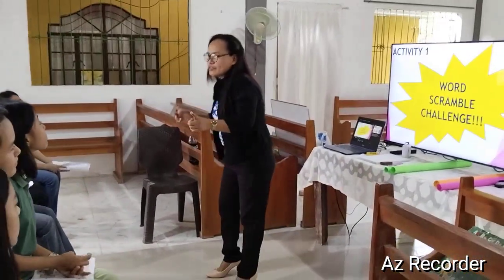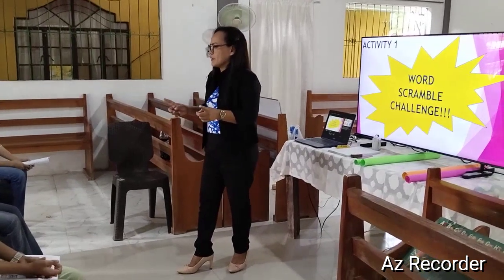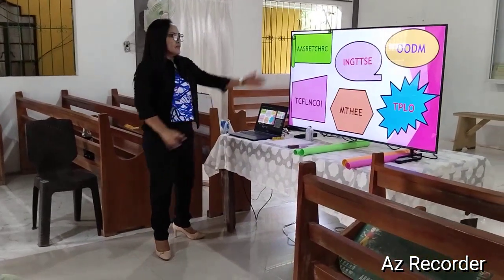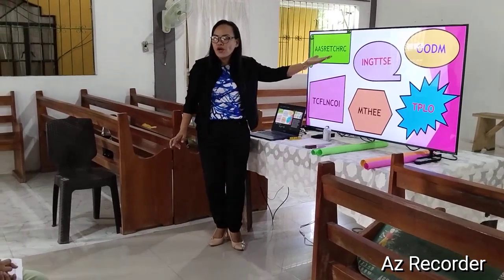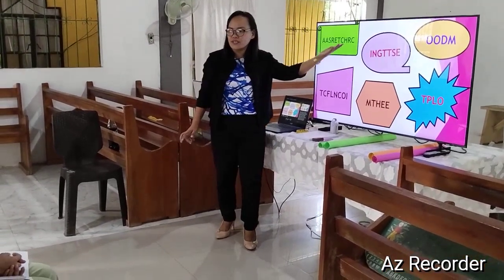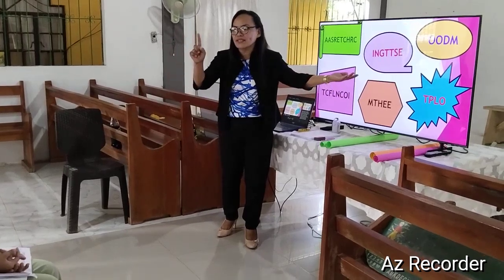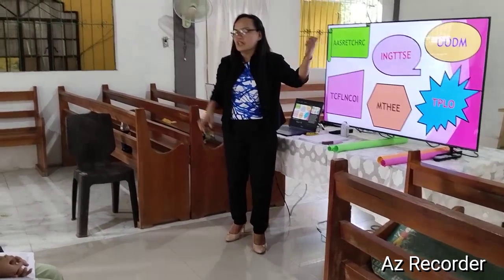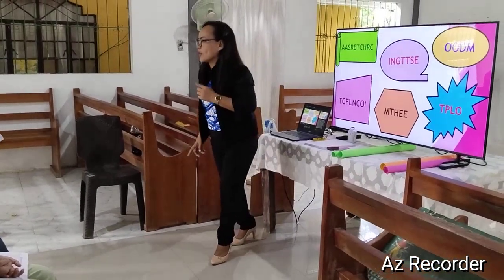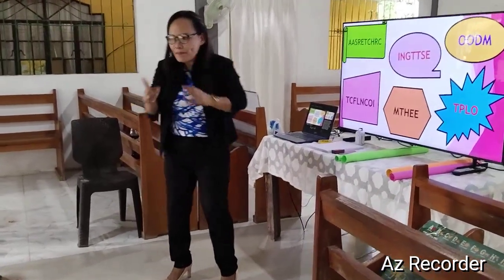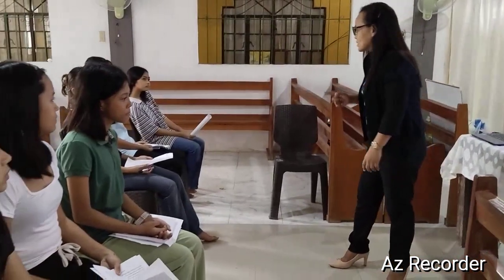Okay, so listen to my direction. You are going to arrange or form the jumbled letters in each shape on this slide. Take note that it has something to do with the objectives that I have presented a while back. You do it in 1 minute or as fast as you can.